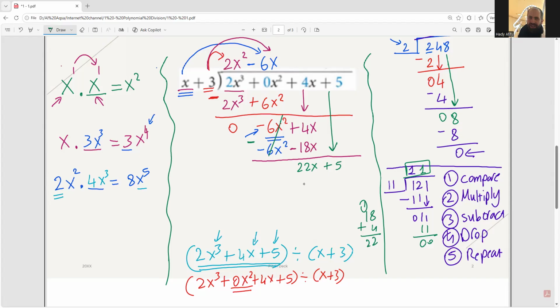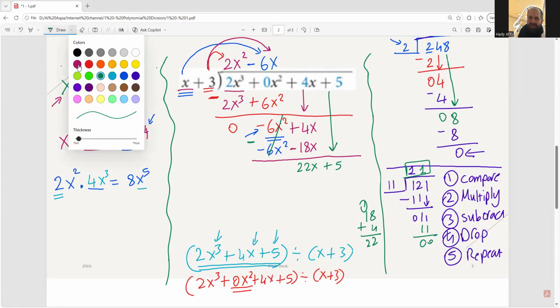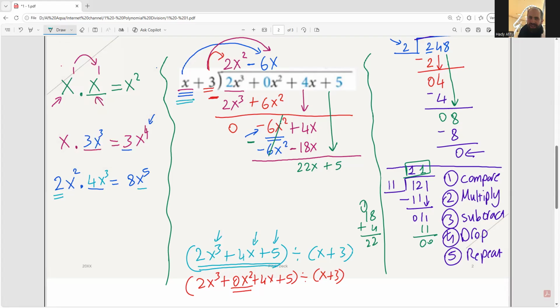Okay, which is great. So now I'm going to do the same thing. I'm going to repeat the whole process. I'm going to compare the x with the 22x here. So what is the thing? If I multiply x by 22, I'll get 22x.